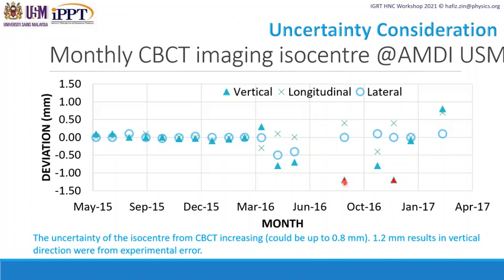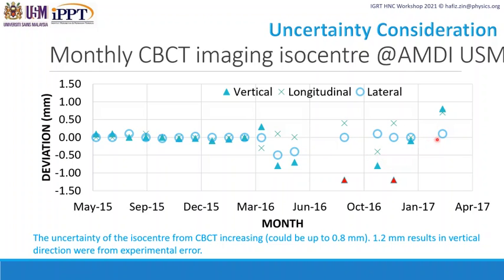So this 1.2 mm error, when we investigated further after we reported to the engineer, was due to experimental error, and those are not actually an issue. However, we can see that the errors have significantly become larger after a period of 1 year.